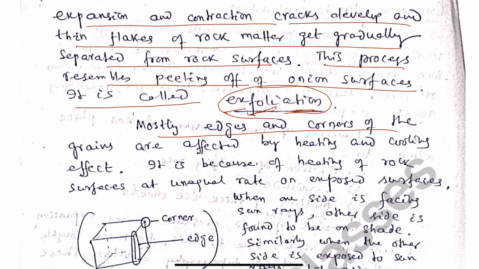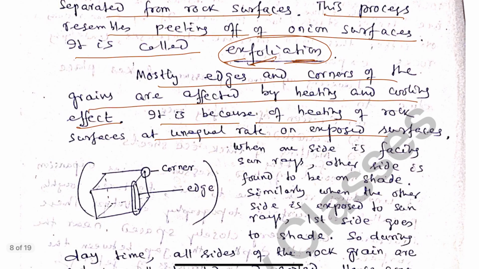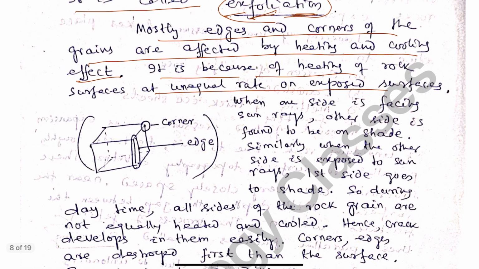Mostly the edges and corners of the grains are affected by the heating and cooling process. First the corners are affected, then the edges, finally the surface faces. This is because when one side of the rock body facing the sun rays is heated up, the other side is in the shade.